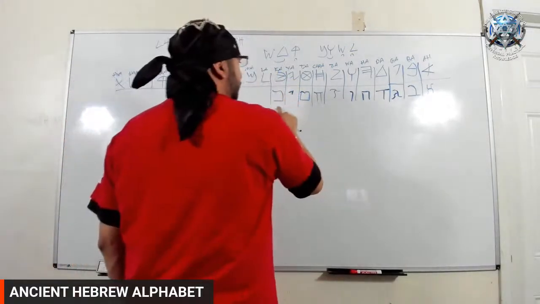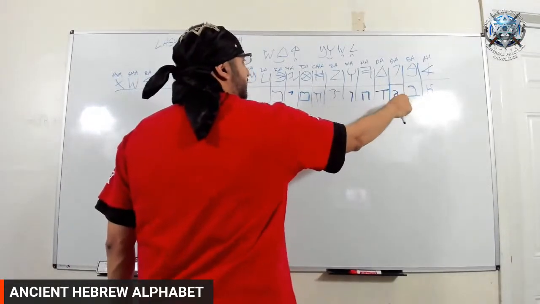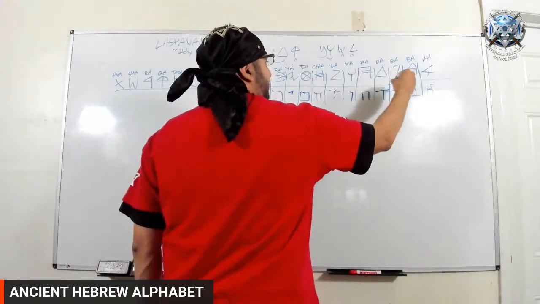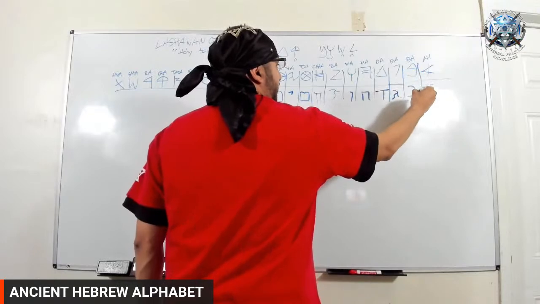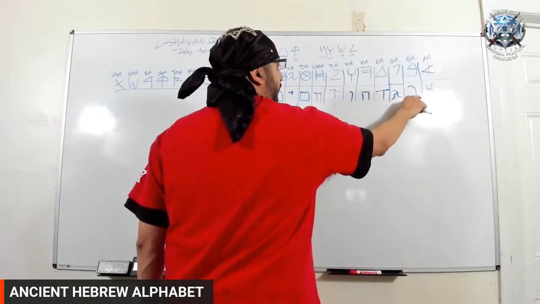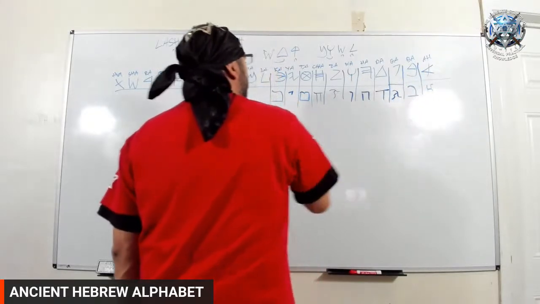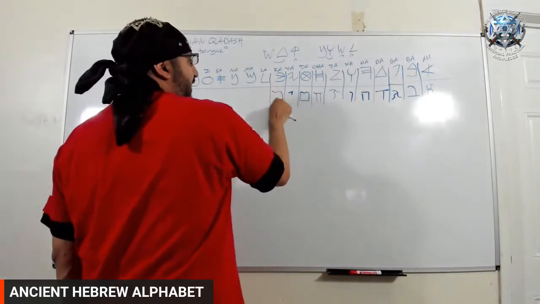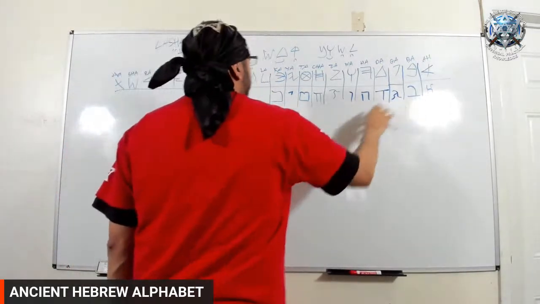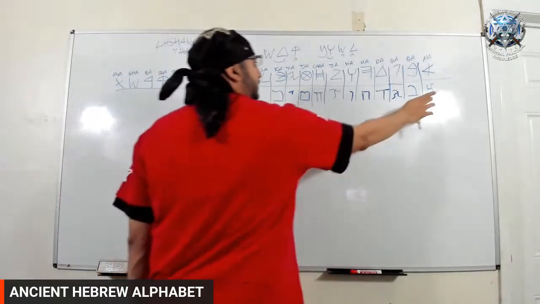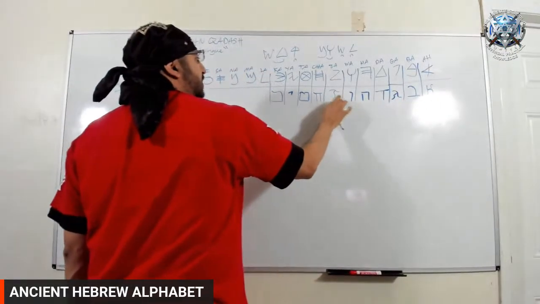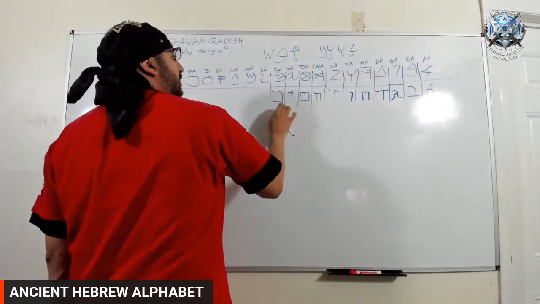Don't mix it up with Ba, because Ba just curves straight down and doesn't have the extra hangover from this line. This one comes all the way at the end and then goes this way. Ba does not. So this is Ka. Aba, ga, da, ha, wa, za, ka, ta, ya, Ka.